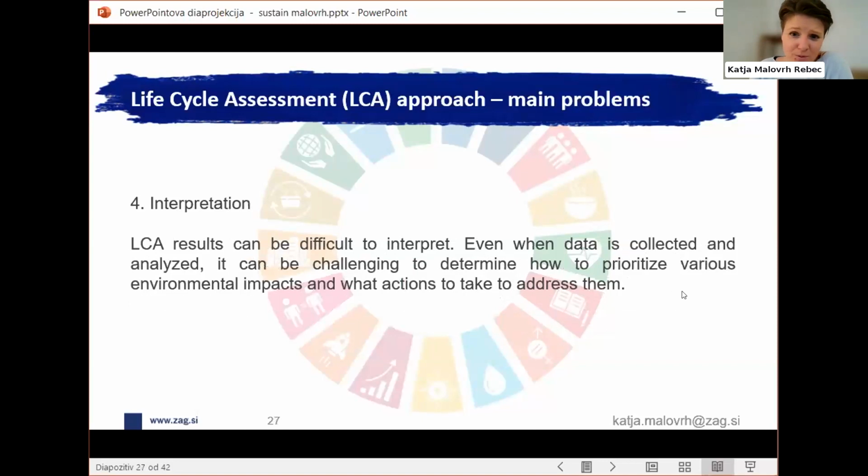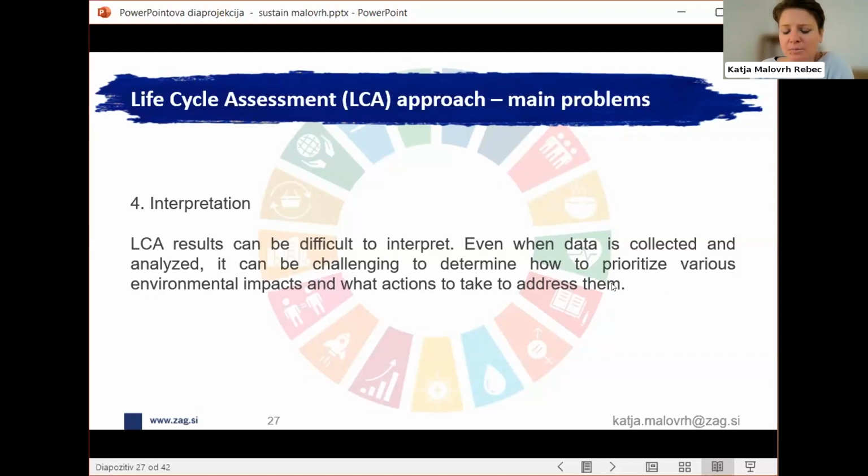Then for sure, one of the problems is interpretation. Results can be difficult to interpret, and even when data is collected and analyzed, it can be challenging to determine how to prioritize various aspects, namely global and then local, but also other aspects.